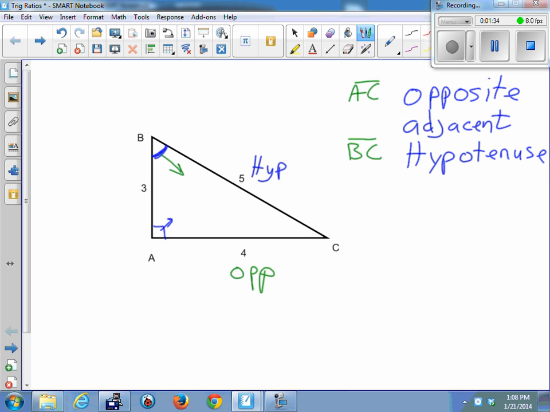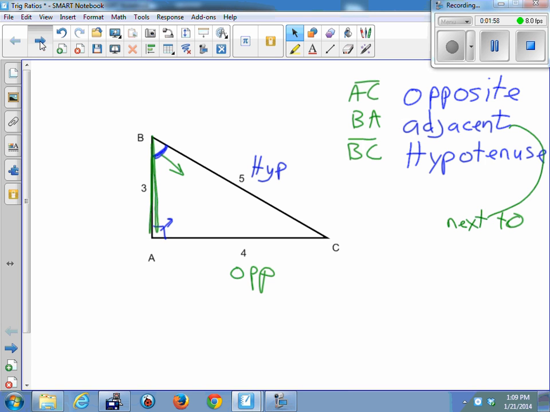Adjacent kind of means, let me put here, next to. I like next to. It's the one touching the angle. So BA in this case is going to be my adjacent. Adjacent is next to. Okay? This is a little different.